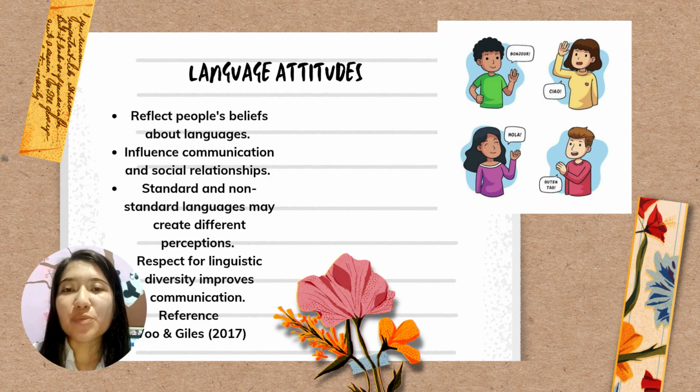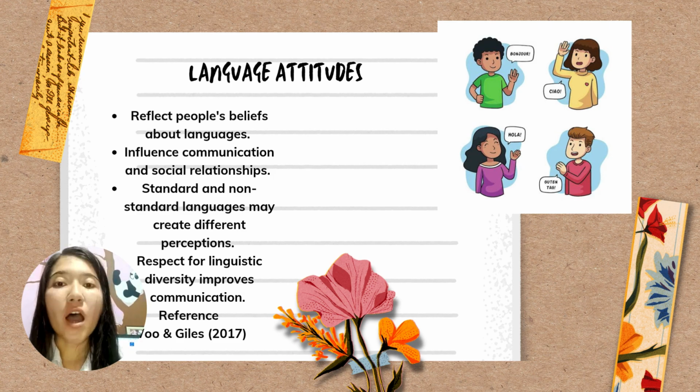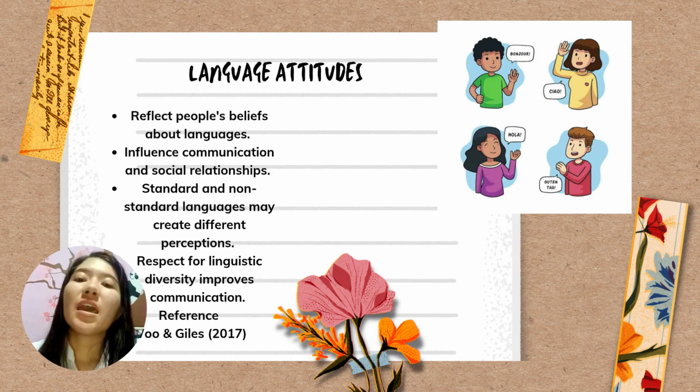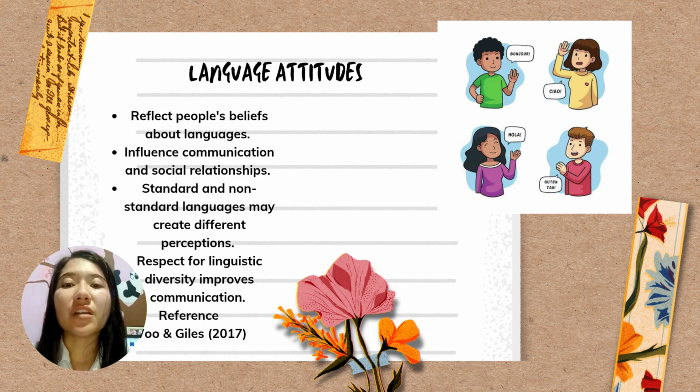These branches of linguistics are very important in language teaching. According to Christians, language learning is more effective when teachers understand how language develops and how students acquire a second language.